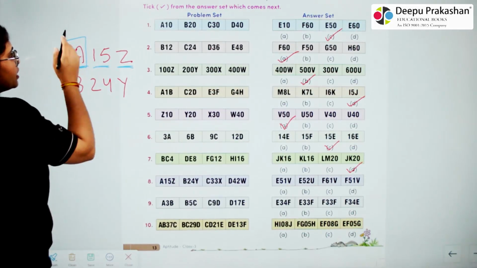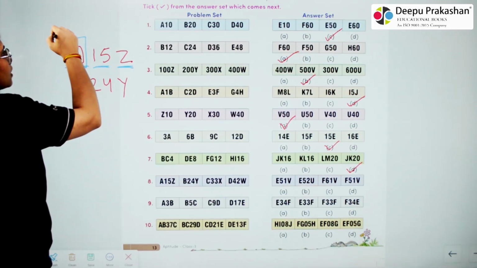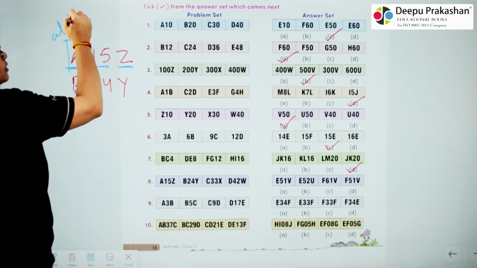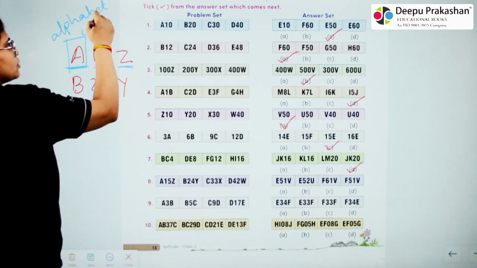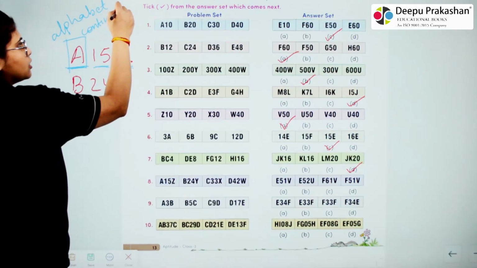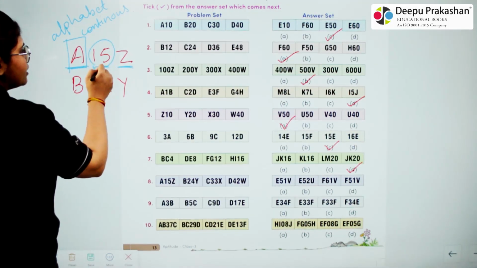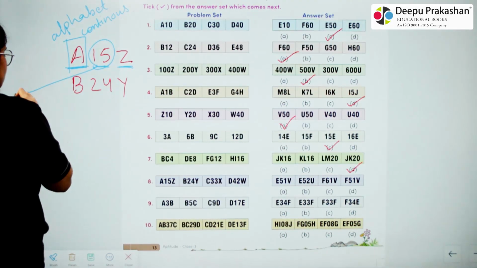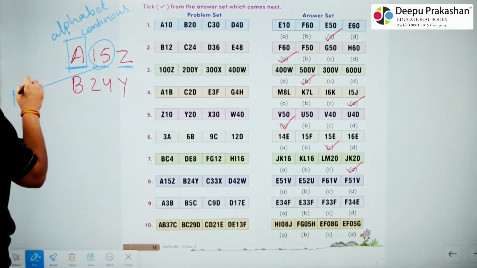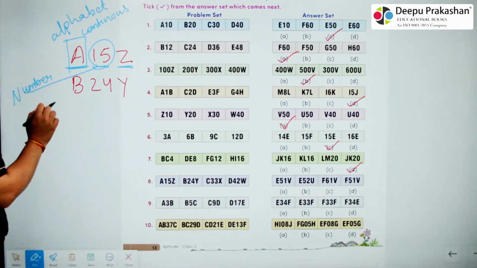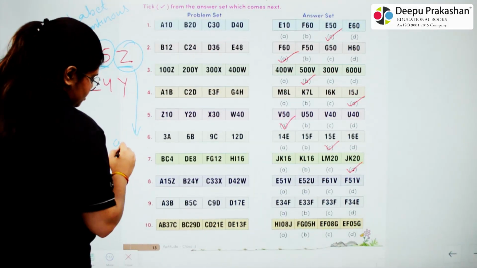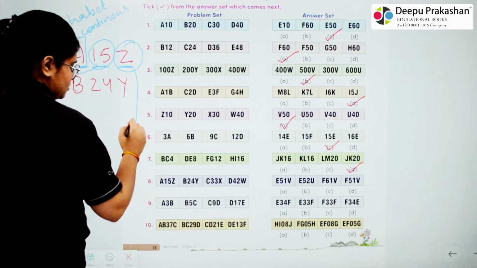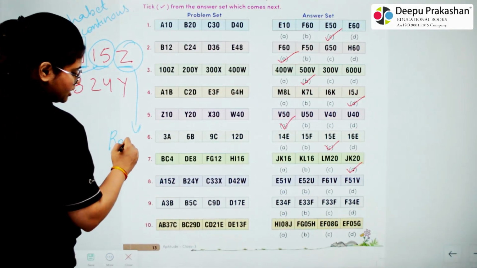The first term is an alphabet that is in continuous order. Second is a number. And the third one is an alphabet, a reversed alphabet.